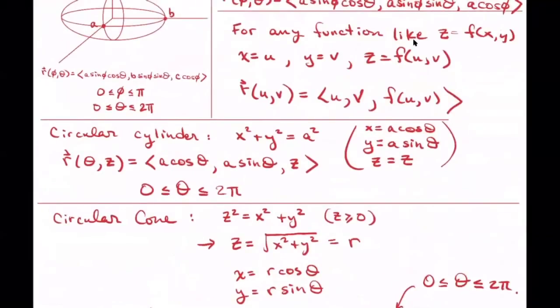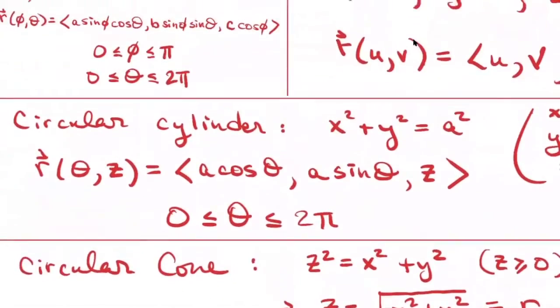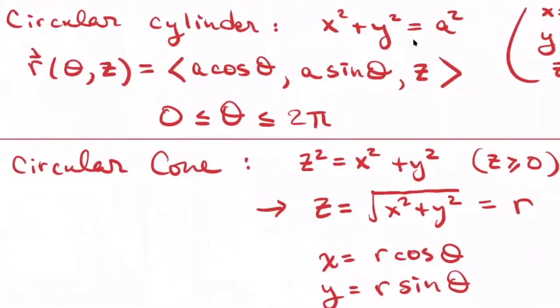Okay, so the cylinder was this one. A cos theta, A sine theta, and then Z, where A is just the radius of the cylinder and Z can range however it wants. I think I'll use a U for theta, and I don't mind letting Z be Z.